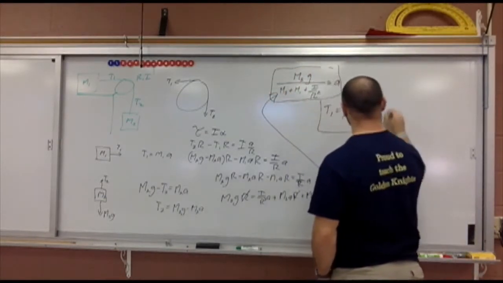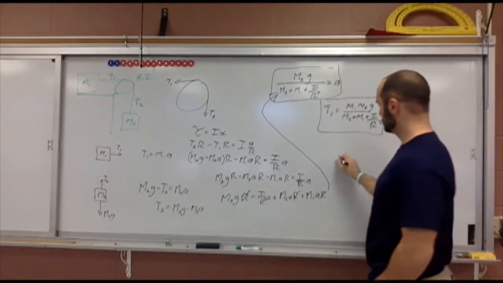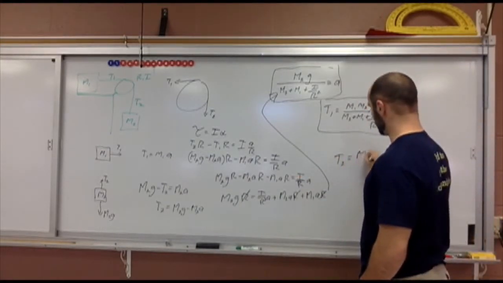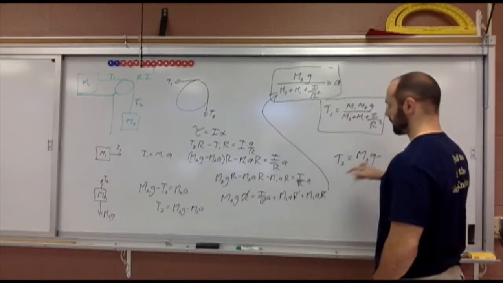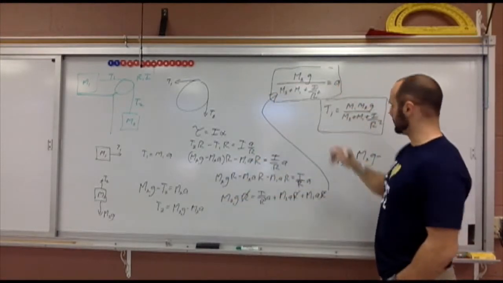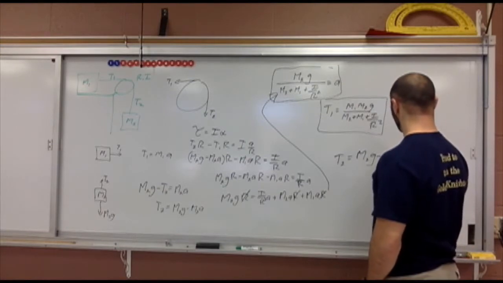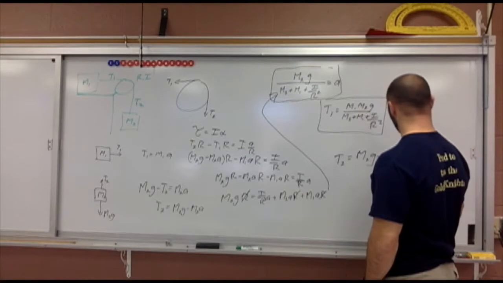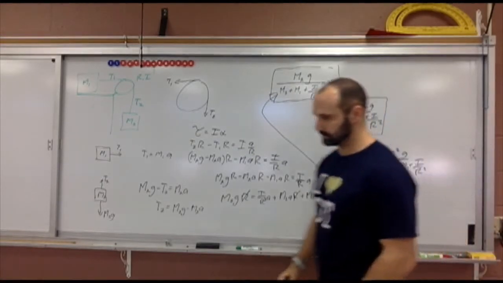So this is T1. And then T2 is equal to M2G minus M2 times A, and this is A, so it'll be M2 squared G over M2 plus M1 plus I over R squared.